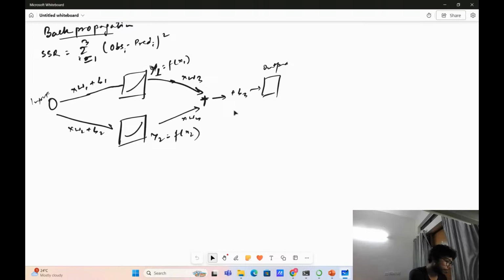Similarly, you do the bottom panel, y2. Multiply y1 with W3, add it to y2 times W4, plus B3. And then you get the output. That is the predicted value.